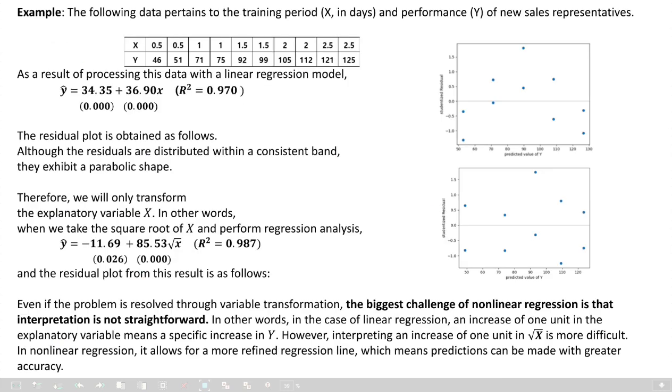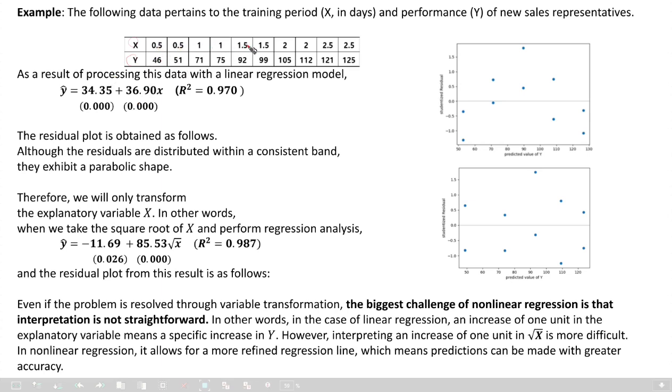Let's see an example. The following data pertains to the training period x, in days, and performance y of new sales representatives, salesmen. The training period is x, and y is the amount of sales: 0.5, 46, 0.5, 51.